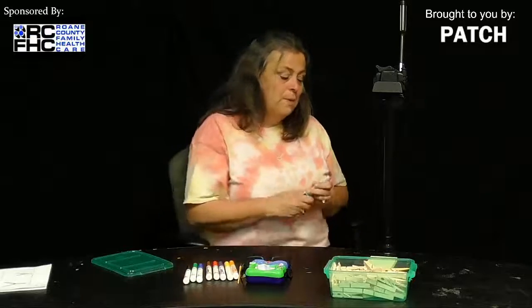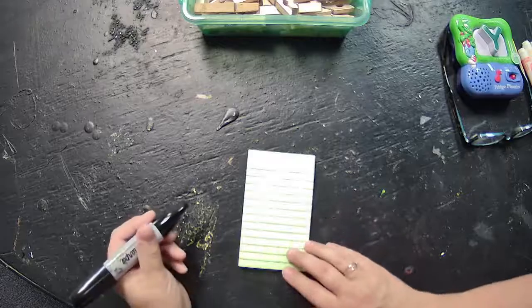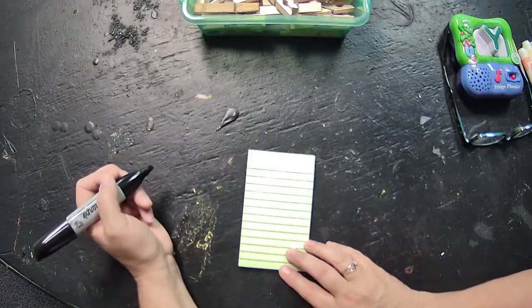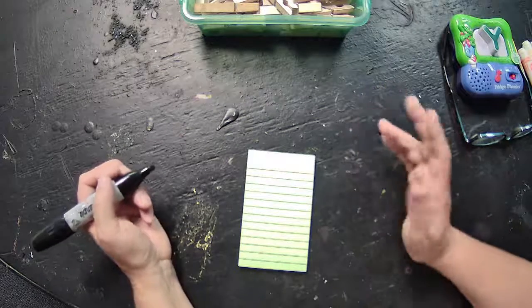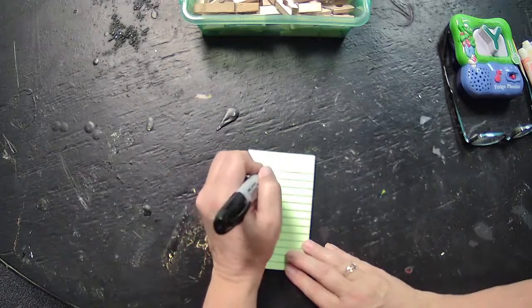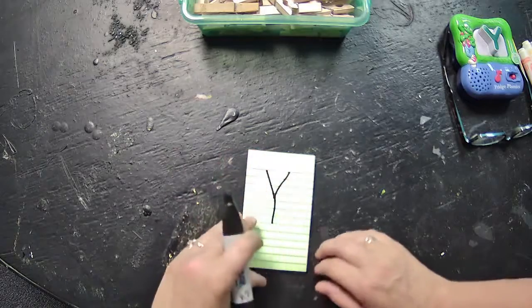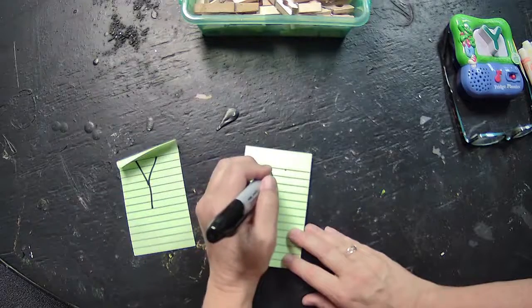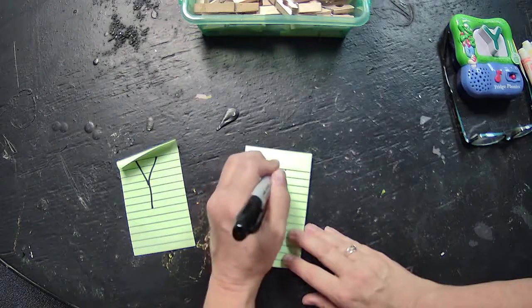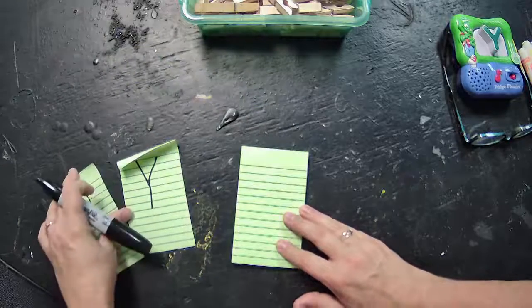So to play the game, you're going to take your sheets of paper and you're going to write each letter of the alphabet. Now, I'm not going to write each one of them with you because we just went over all the letters, right? But I'm going to make a couple. I'm going to make the uppercase Y, and you can do them uppercase and lowercase if you want. Okay, and then a P for Penny. Let's see here.